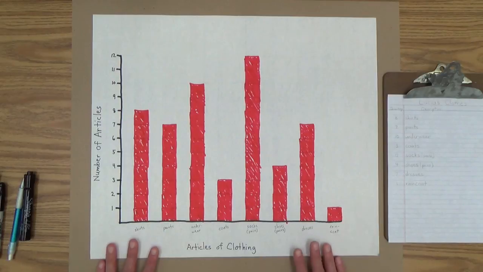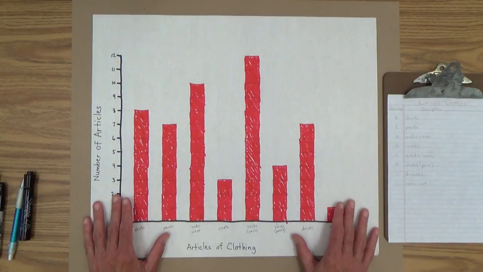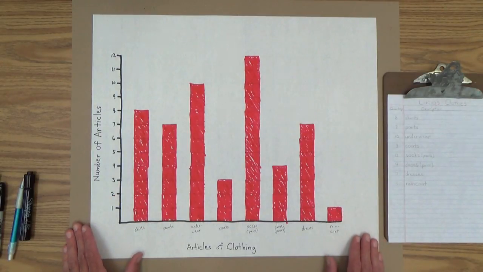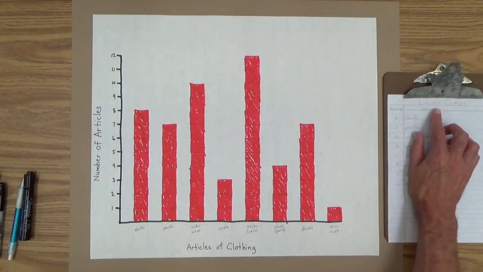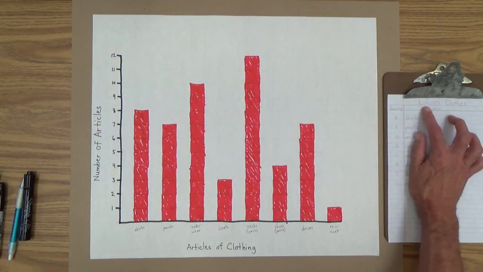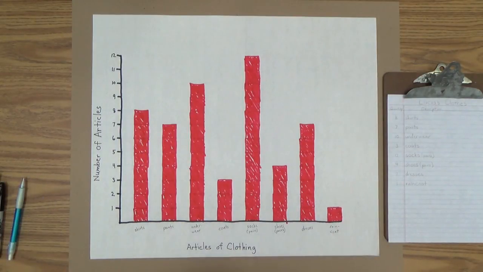Okay, so we have a graph, and it's almost complete, but we need to give this graph a name. And of course, why not just name it what we started out with here on our list, Lucia's clothes. It could be something like Lucia's wardrobe or something like that.